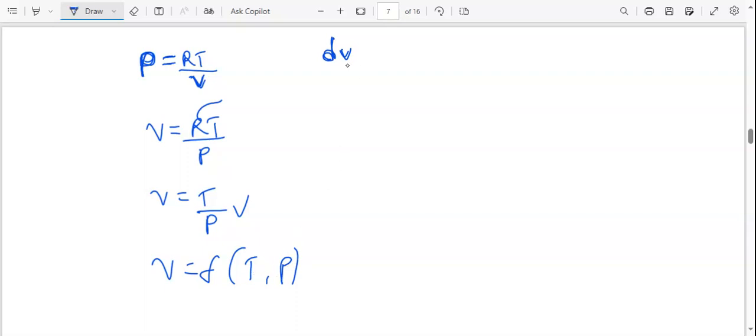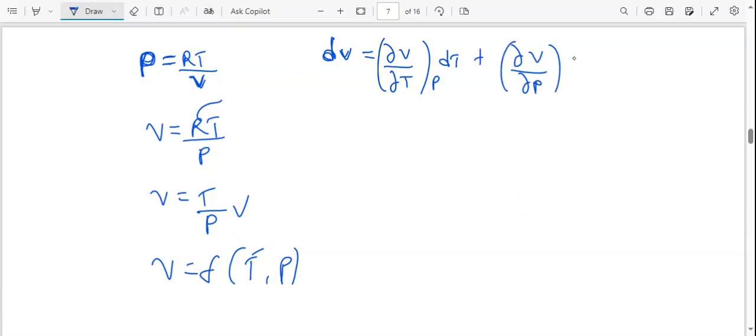Okay. So now dV will be, we have a partial derivative of the same V over change in temperature. So a bit of change in temperature, then we'll keep P constant, then this is to show there was change in temperature. So I'll say dT. Plus, again, a bit of change in volume over, all right, now we have a bit of change of pressure.